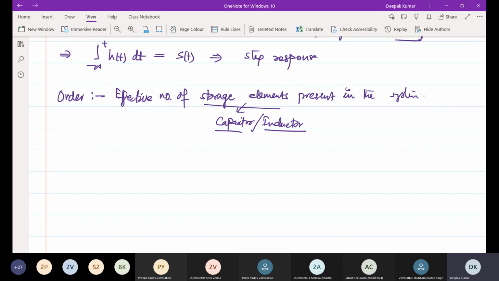As a simple example, you can see a resistor and a capacitor connected in series will work as a first order system.